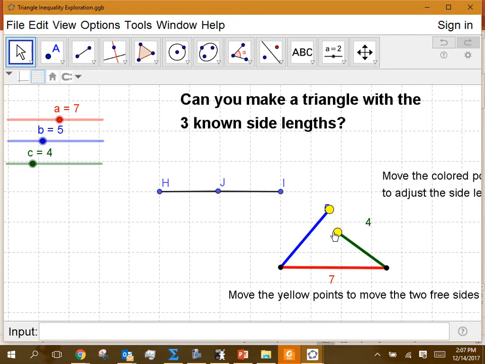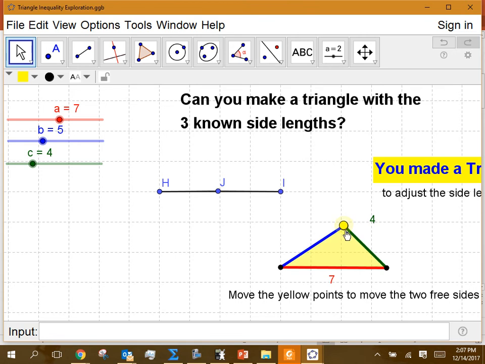To get our triangle, is 5 plus 4 greater than 7? Is 5 plus 7 greater than 4? Is 4 plus 7 greater than 5? Yes. All 3 of those conditions have to exist for you to be able to create a triangle.